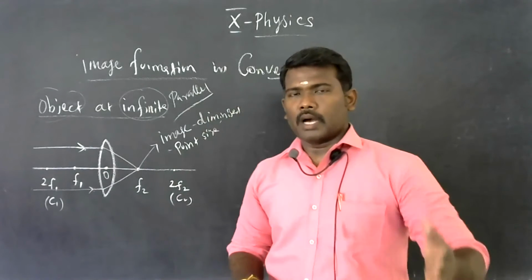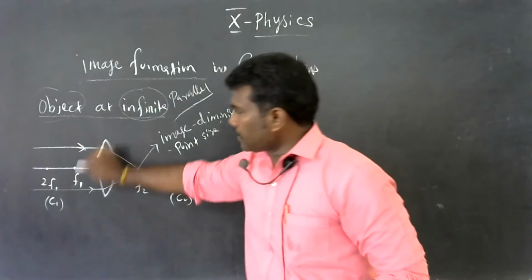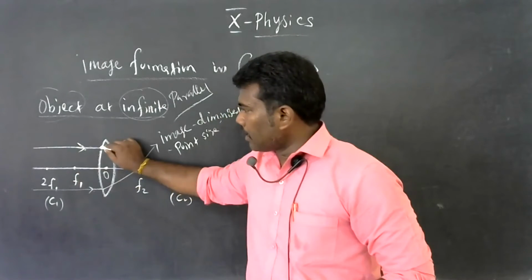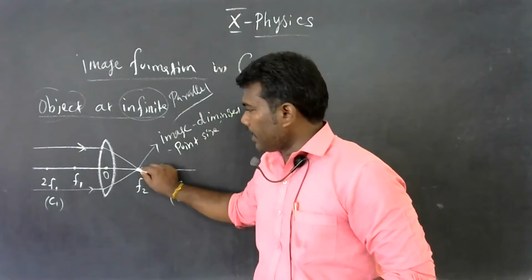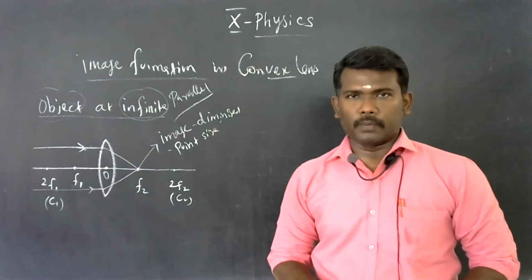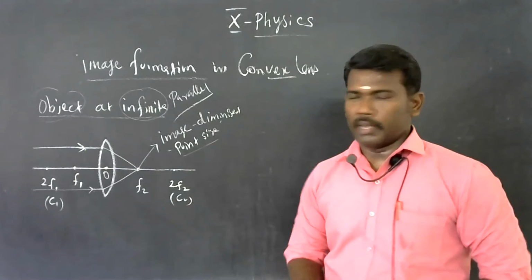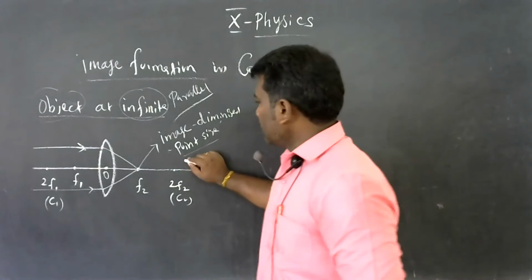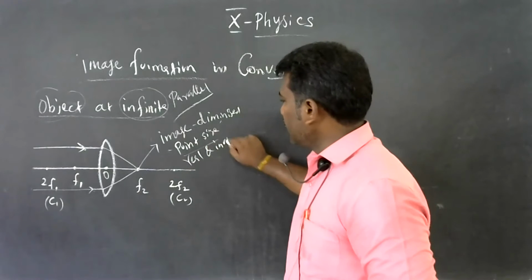If you are placing the object at infinite distance, the light rays from the object are parallel to the principal axis. The parallel light rays incident on the convex lens, after refraction, are all converged at the point F2. So we are getting a very diminished image or point size image. The nature is a real and inverted image.